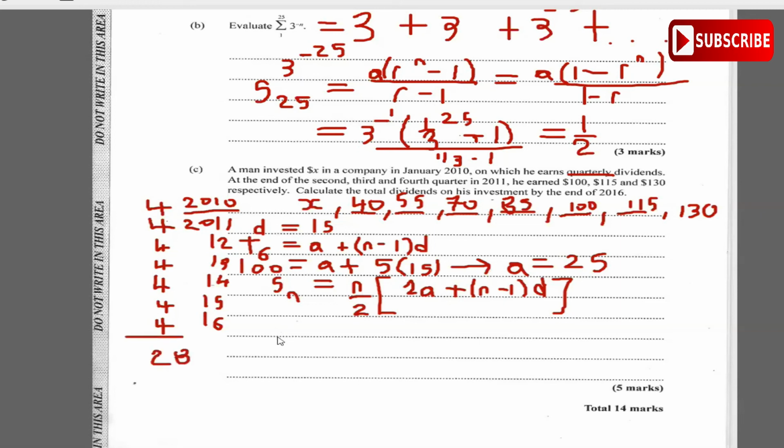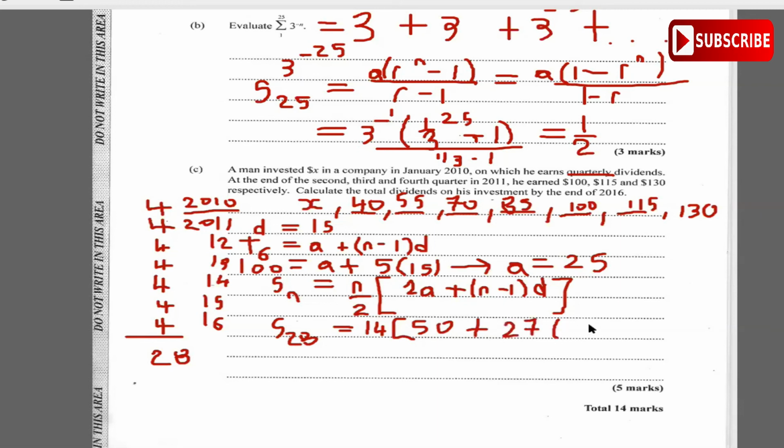So we're finding S28. S28 is equal to 28 over 2, which is 14, times (2 times a, which is 2 times 25, so 50, plus n minus 1, which is 27, times d, and d is 15).